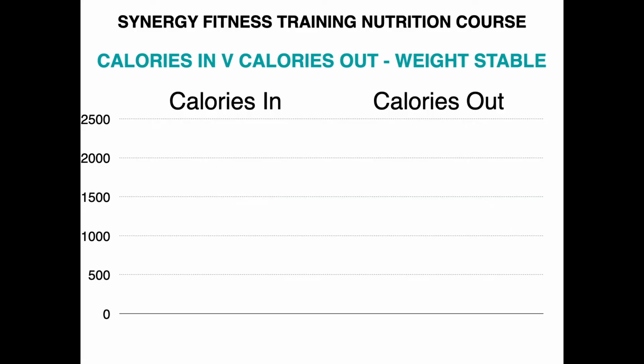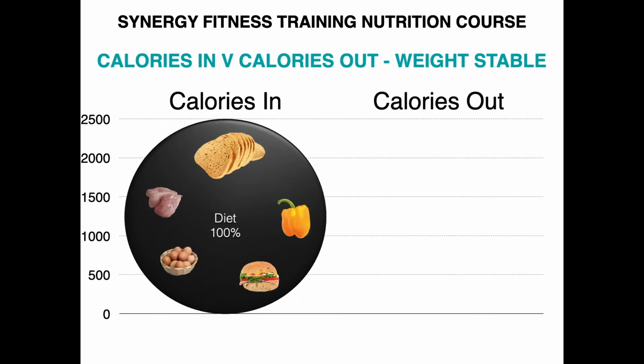First up, let's look at an example of when we are weight stable. On the left hand side you'll see the heading calories in, and on the right hand side calories out. What you can see here now is a circle that represents the amount of calories, say, I eat per day, all of which comes exclusively from food and drink, and which does also include the sauces we use and the drinks we drink that contain calories.